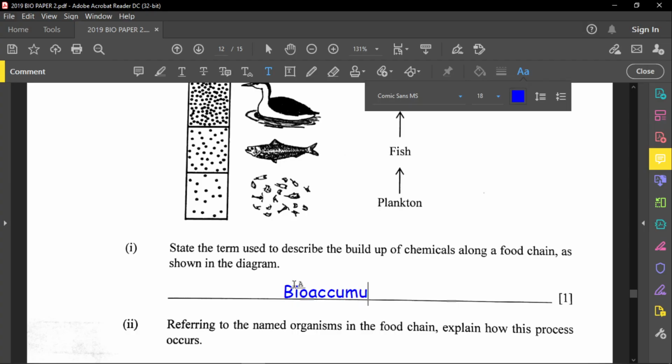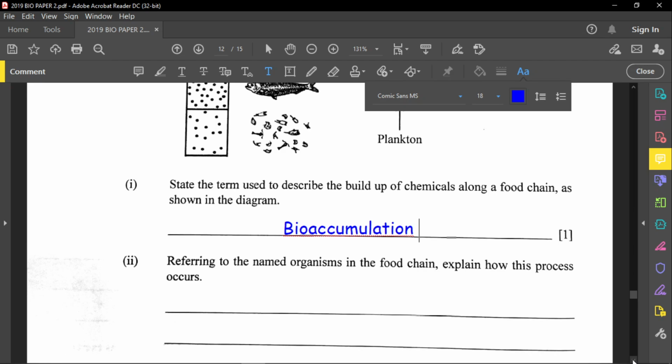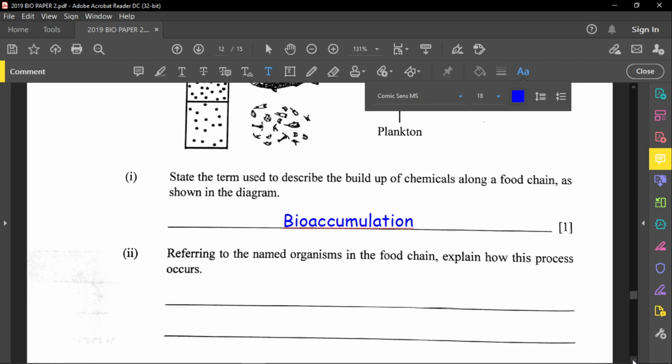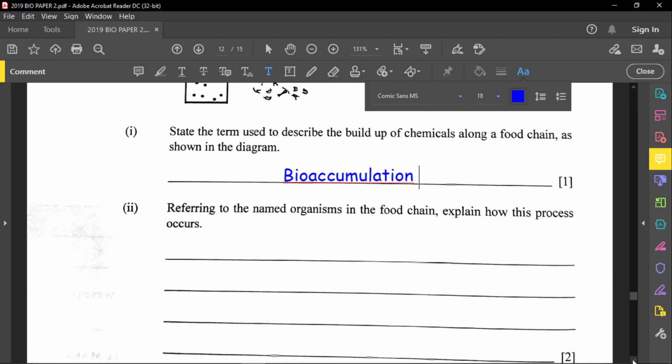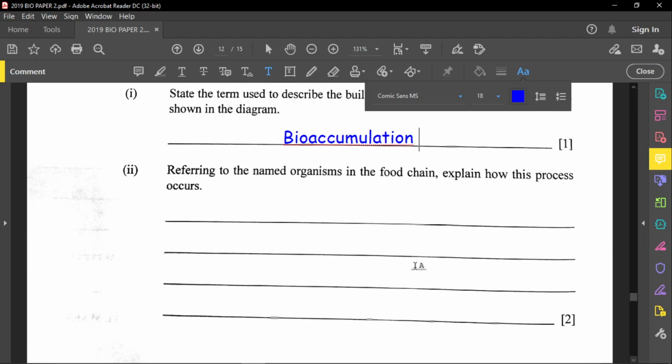And now it said, referring to the named organisms in the food chain, explain how this process occurs. So we're going to use the names to talk about how bioaccumulation takes place.